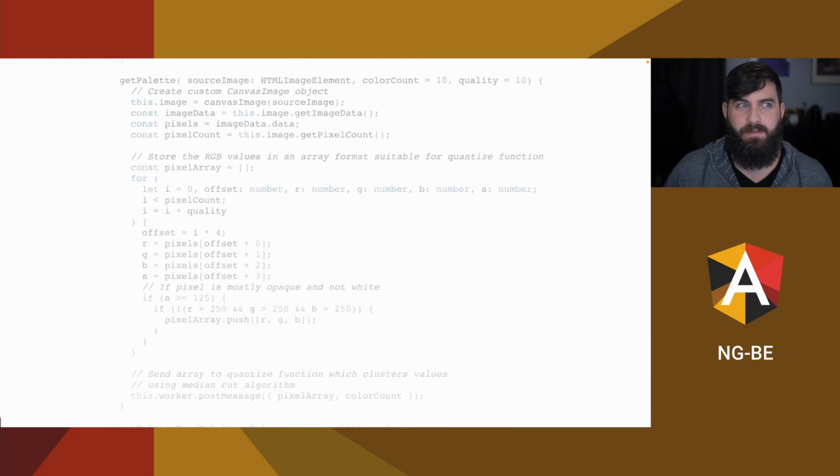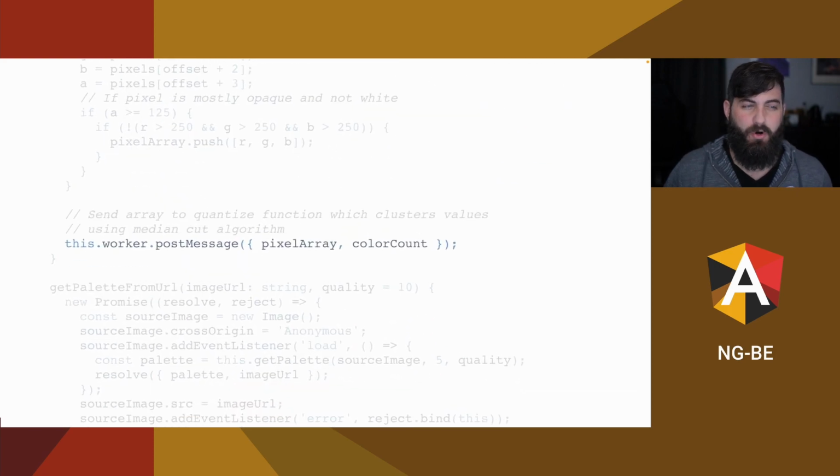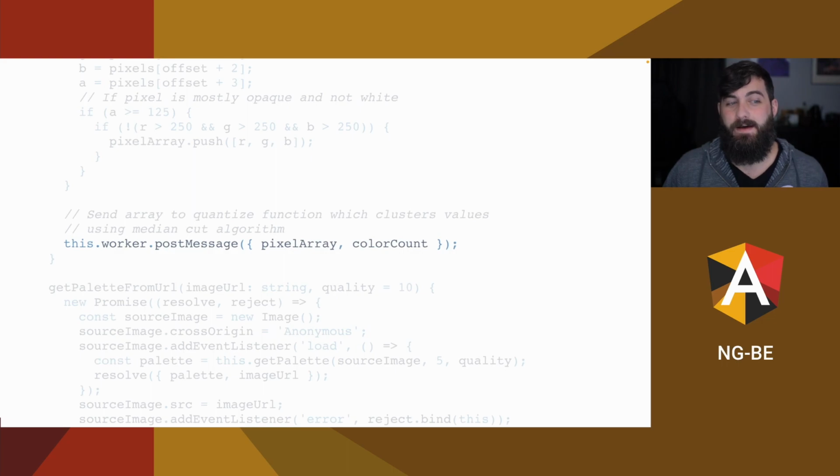And then we use this get palette method to place that image in a canvas, which does some more math. And then we send that to a worker to calculate the common RGB values across that image. So our pixel data ends up being an array with multiple arrays inside of them, where we have the inner array of RGB values across the entire image.